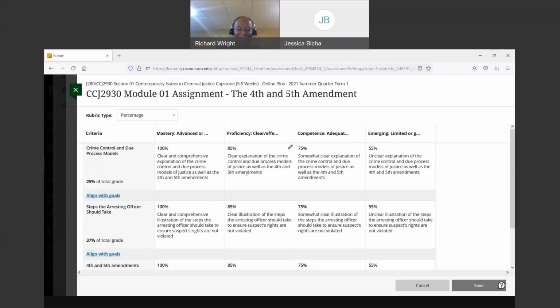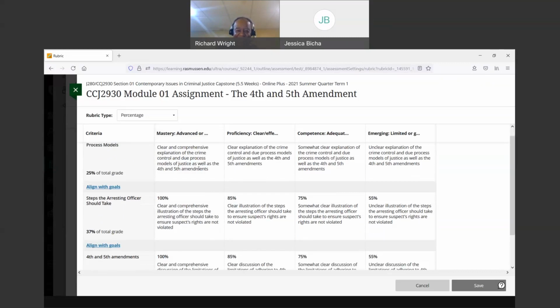But the key thing that is the difference is clear and comprehensive. How do you say it, go above and beyond the norm? That's what I'm talking about. That's how you get to mastery. Notice comprehensive will always be for mastery. Clear can be just proficiency.